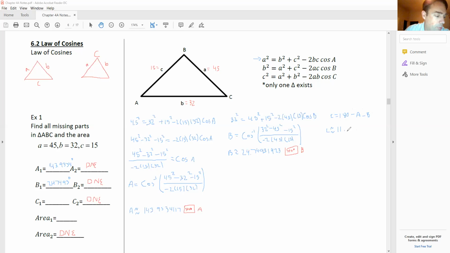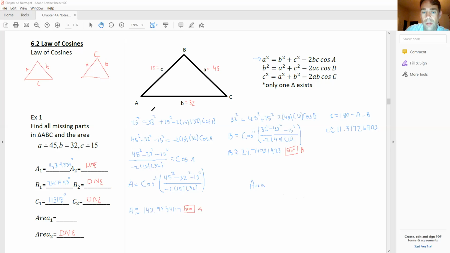I'm still going to put them out there, but I don't need to. And the nice thing about law of cosines, again, is you only have one triangle to deal with. There never will be an ambiguous case that could be two triangles. So 3173 degrees, and then we get our area.